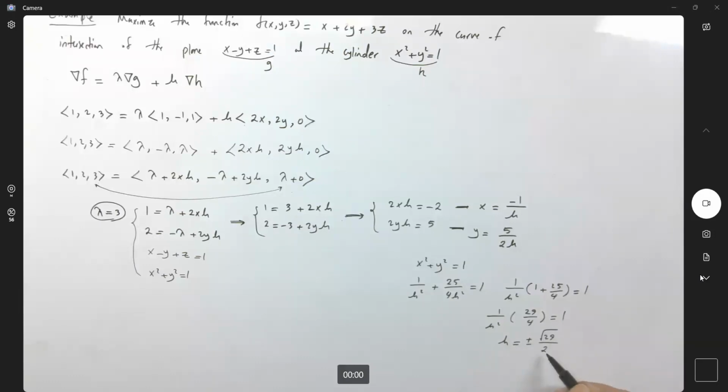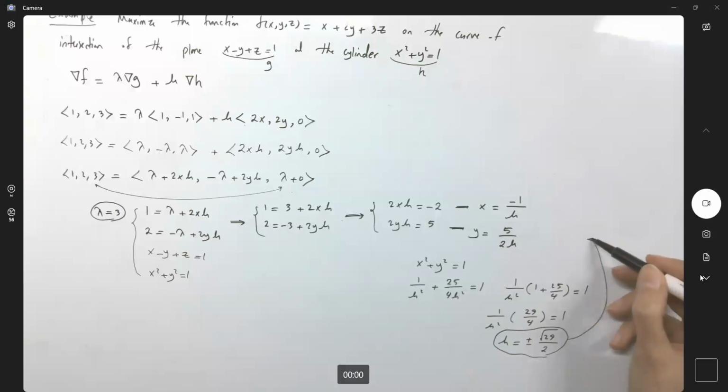Well, I found my mu. I have my lambda. I have everything that I need, right? You can plug those back in here to find your x and y values.